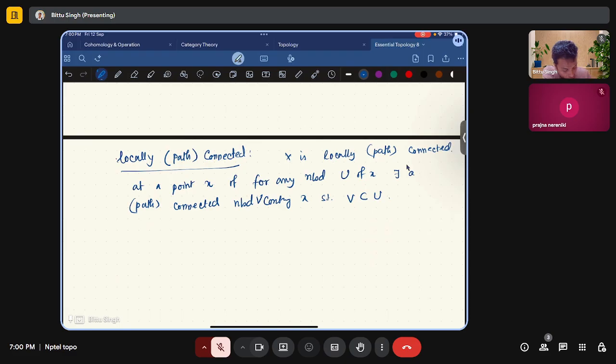So if this is true for all X belongs to X, then the space X is called locally path connected.